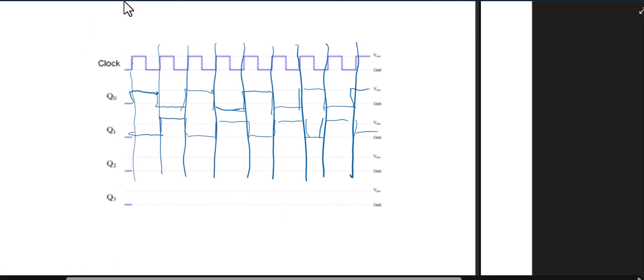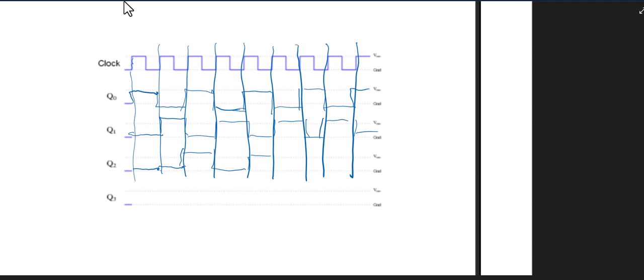Now, when we get to Q2, we get to the positive edge, it looks to see what Q1 was before, which was 0. And then what was Q1 before? It was 0. And now Q1 is 1. And then Q1 is 0.